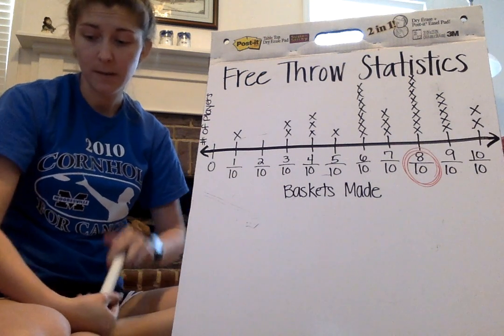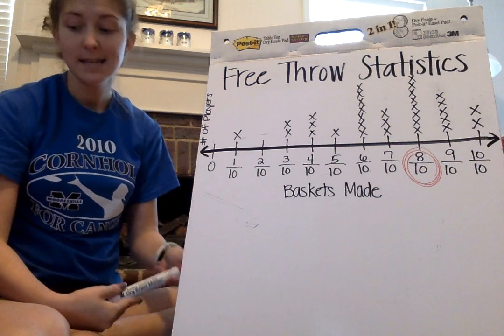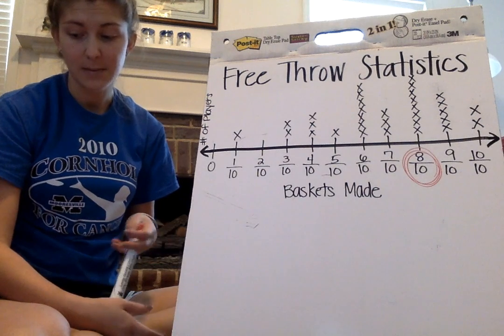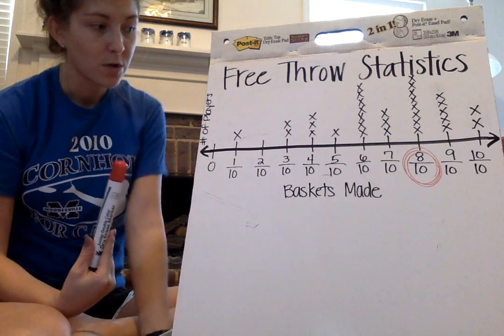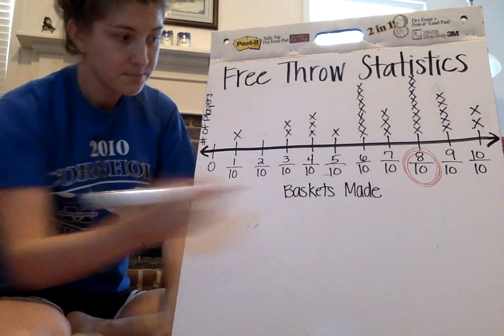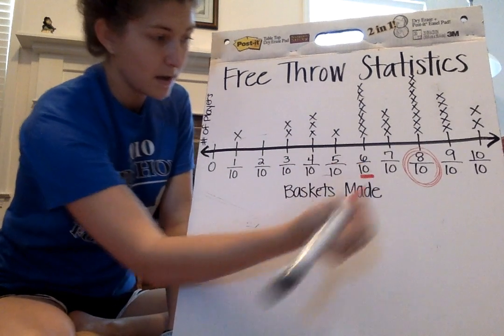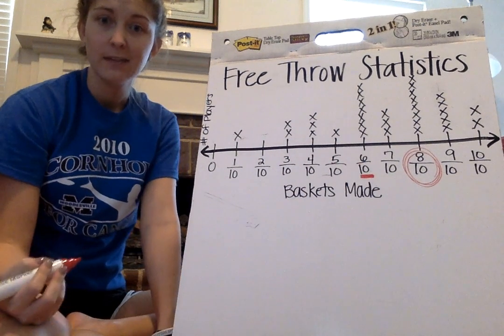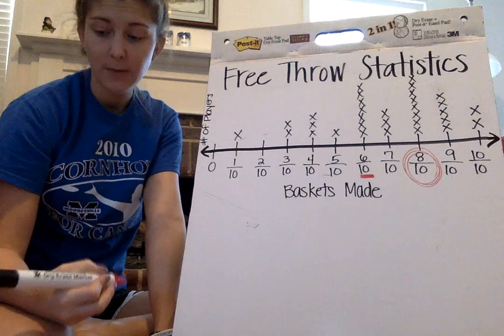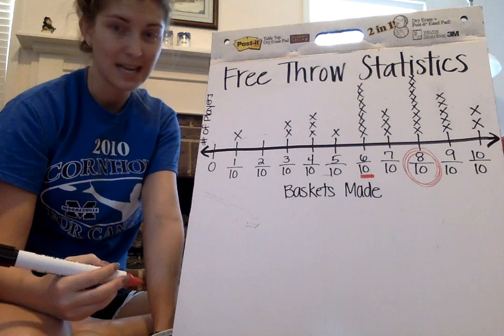We can also talk about how many players made less than 6 out of 10 baskets. So we have to find 6 out of 10, and I underlined it right there in red. And the question is asking us how many players made less than.